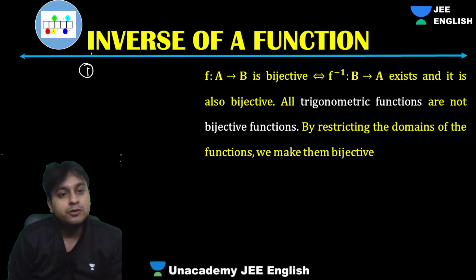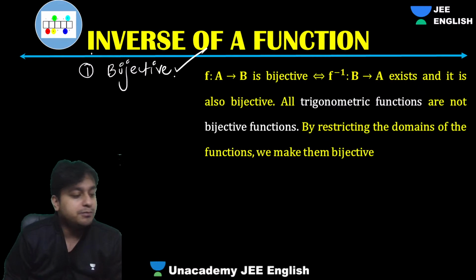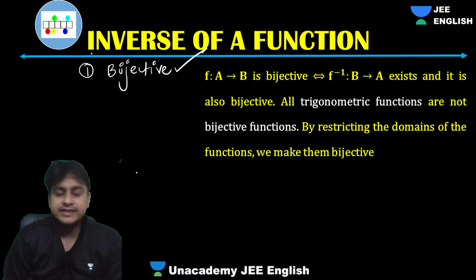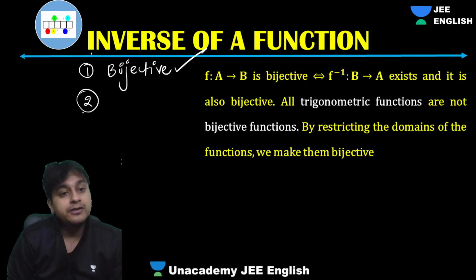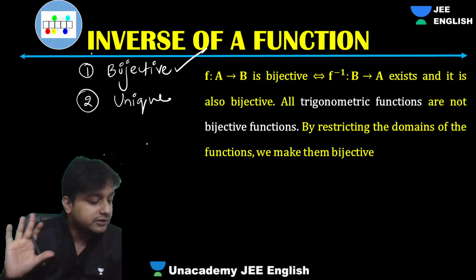The first point is what? When will the inverse of a function be defined? When the function is bijective. Remember, it should be one-one and onto. One of the most important conditions. Next, a very important point about the inverse is that the inverse of a function is unique. You cannot have two inverses of the same function.